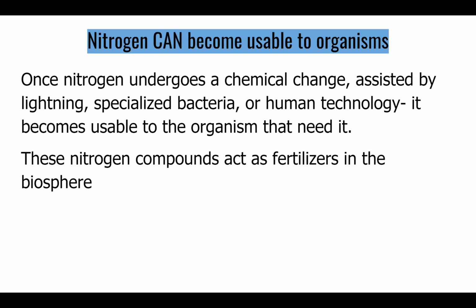And only when it is out of the atmosphere can we use it for things that we need it for, like fertilizers. We get the nitrogen we need from the things that we eat. Typically, it's not an issue. Proteins. Protein has nitrogen.